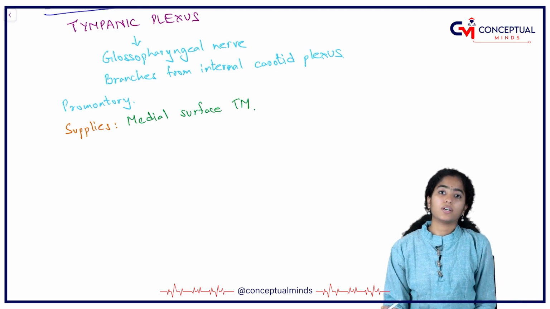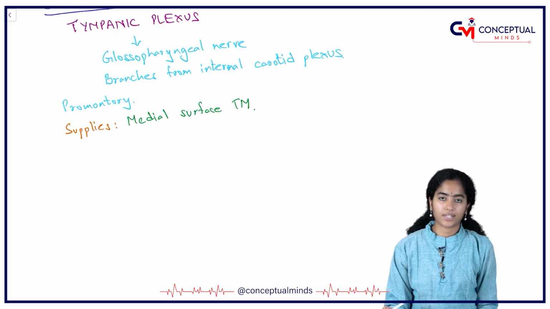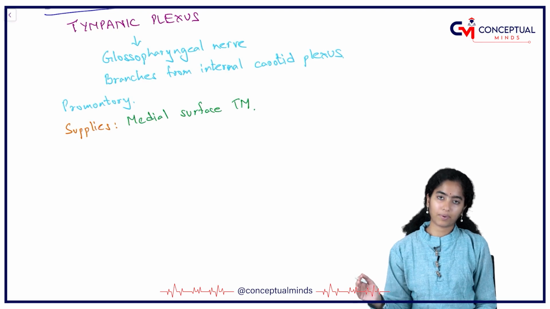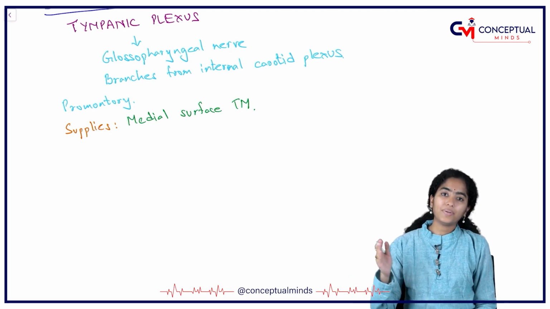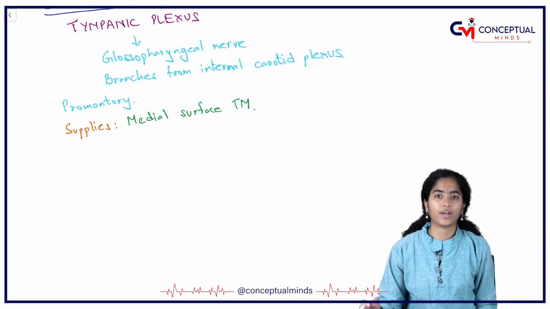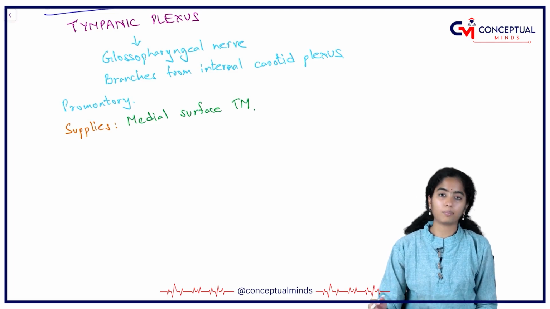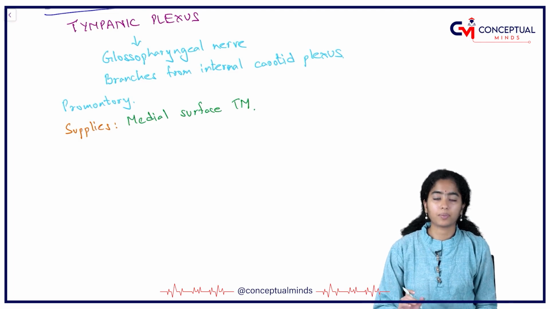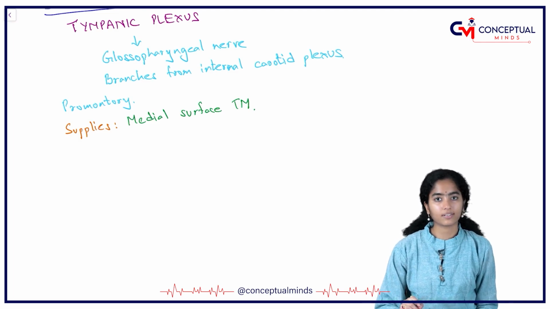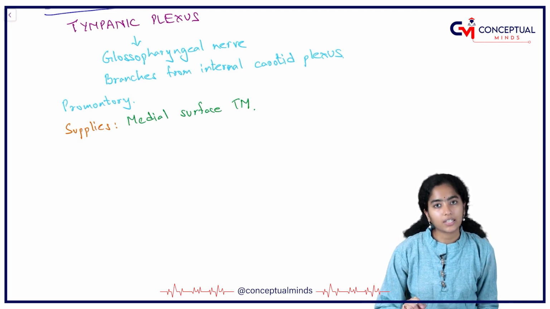While studying about the nerve supply of tympanic membrane, we have studied that the lateral surface is supplied by 5th nerve and 10th nerve, vagus nerve. While the medial surface, the entire medial surface is supplied by glossopharyngeal nerve. And from where is that coming? From the tympanic plexus only. And it has a special name. That branch has a special name. What is it? Jacobson's nerve.